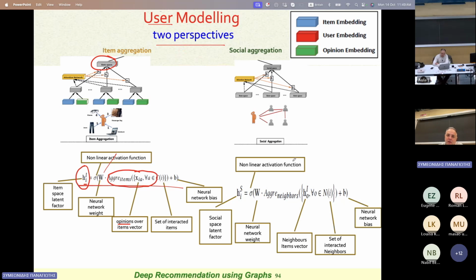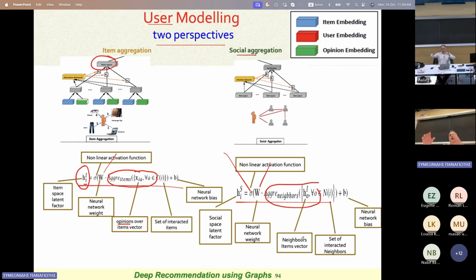And for the social perspective, here we have the social space latent factor. And again, you have the weight matrix. This is the sigmoid activation function. And also you have to aggregate the neighbors' item vectors.